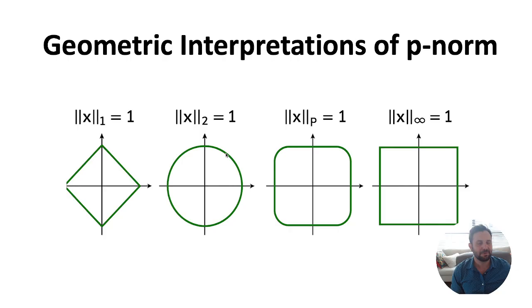Similarly, the L1 norm gives you that shape, the one that you see on the left. This shape gives you the set of points whose L1 norm is 1. How do we know that it is the case? Because we know the L1 norm was the sum of absolutes of the entries.